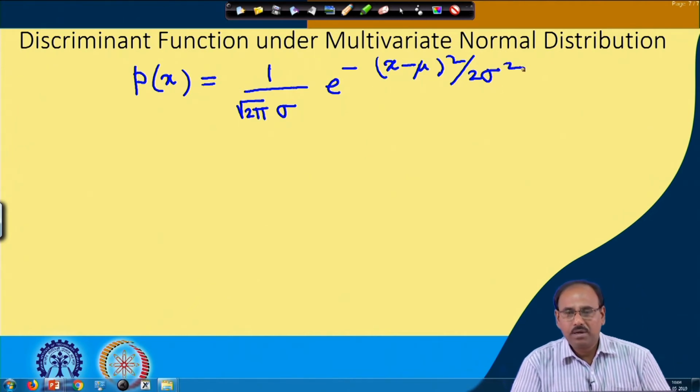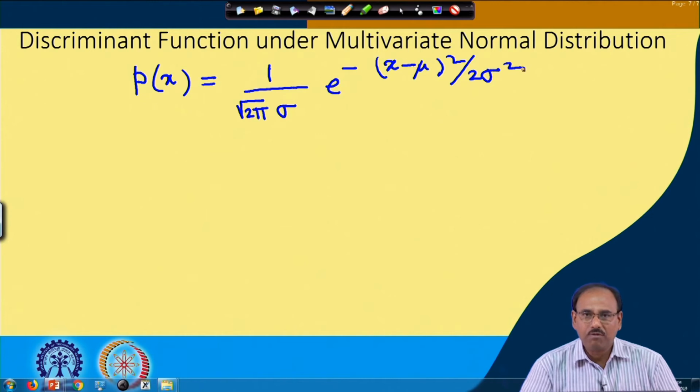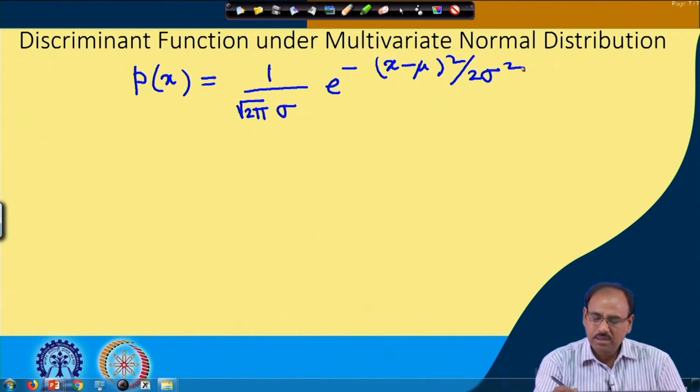This is the normal density in case of a single variable x or scalar variable x, where sigma is nothing but the standard deviation and sigma squared is the variance and mu is the mean.